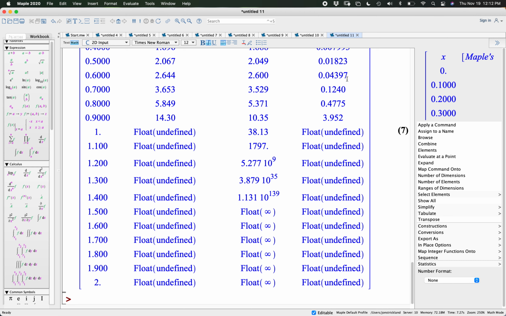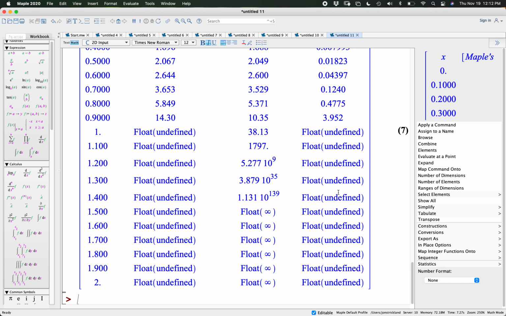So you have 0.04, 0.12, 0.4775, 3.952. The larger the input gets, the growth of the output with the numerical methods becomes exponential and unstable.